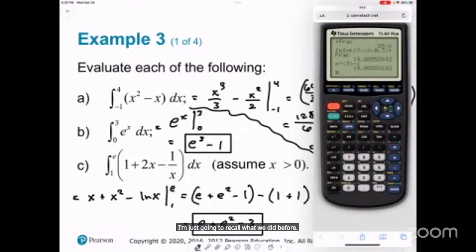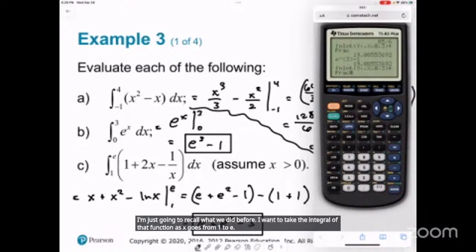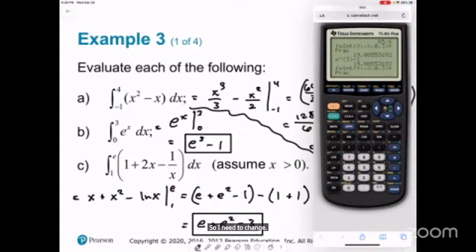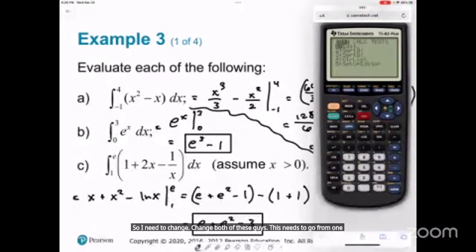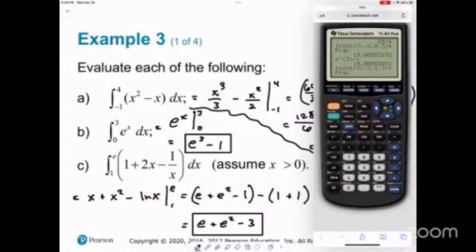I want to take the integral of that function as x goes from 1 to e. So I need to change both of these guys. This needs to go from 1 to e. Okay, this is good like that.